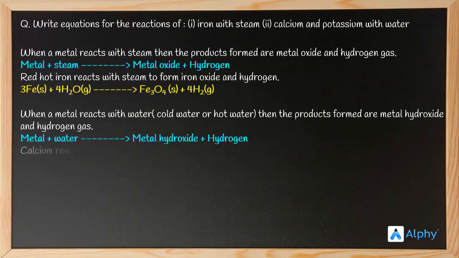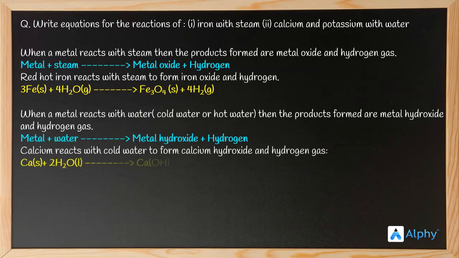Calcium reacts with cold water to form calcium hydroxide and hydrogen gas, and the reaction is: Ca plus H2O forming Ca(OH)2 plus H2. Here Ca(OH)2 is calcium hydroxide, and hydrogen is evolved in the form of gas. Another important point to remember in exams: when we wrote metal plus steam, we showed it in the equation as metal plus H2O in gaseous form.